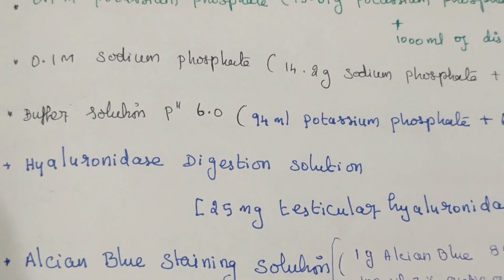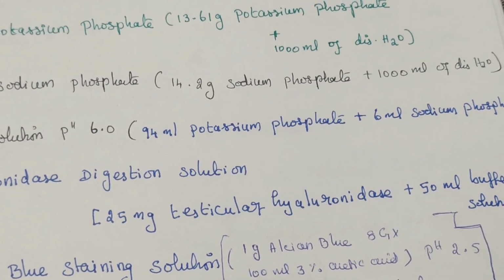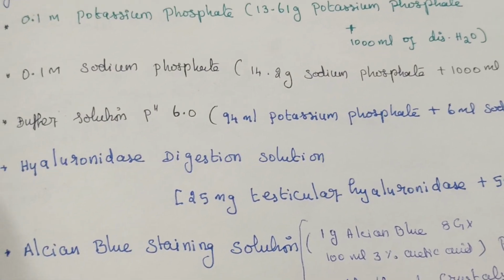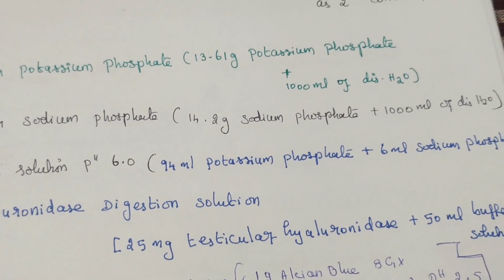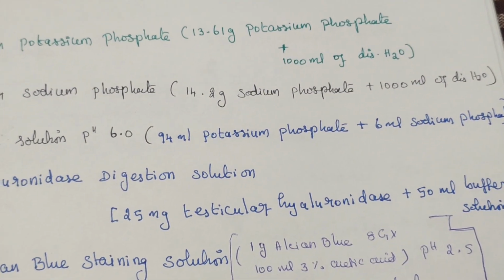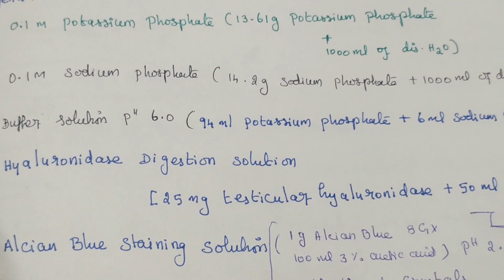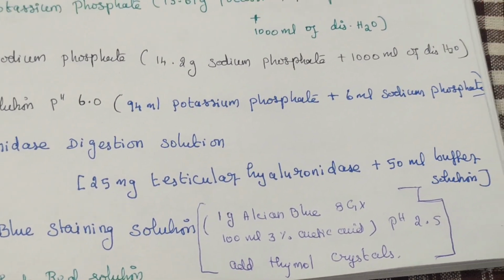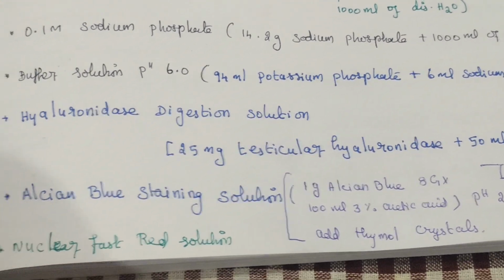Then 0.1 molar sodium phosphate, containing 14.2 gram sodium phosphate plus 1000 ml distilled water. Then buffer solution pH 6: 94 ml of potassium phosphate and 6 ml of sodium phosphate. Then hyaluronidase digestion solution, containing 25 mg testicular hyaluronidase plus 500 ml of buffer solution.